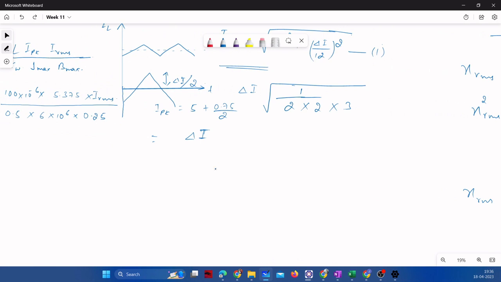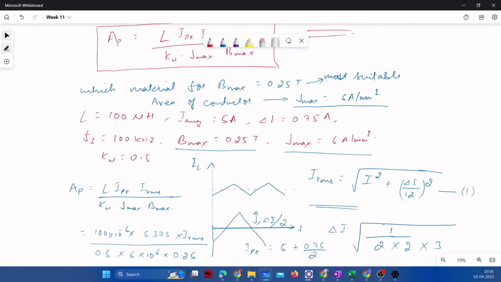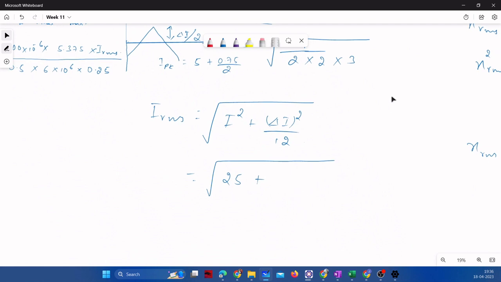So let me write IRMS is equal to under root I square plus delta I square by 12. We know I is 5, so 25, and delta I, the ripple current, is 0.75 ampere, squared and divided by 12.